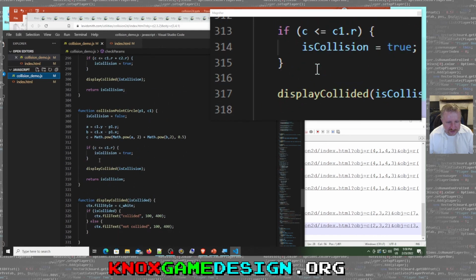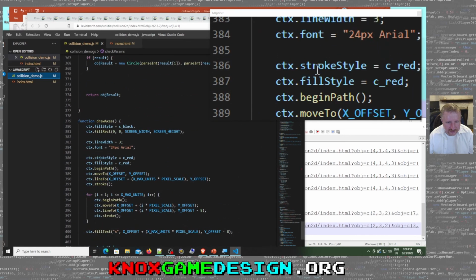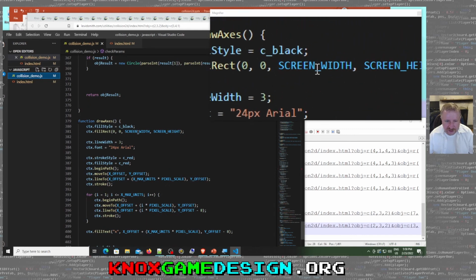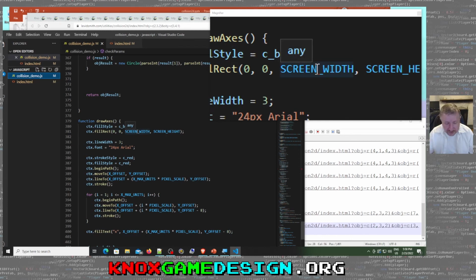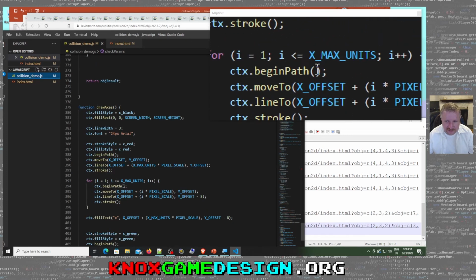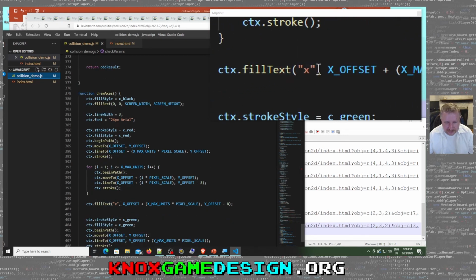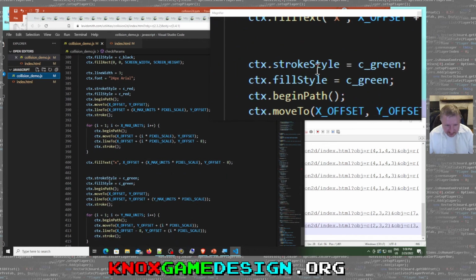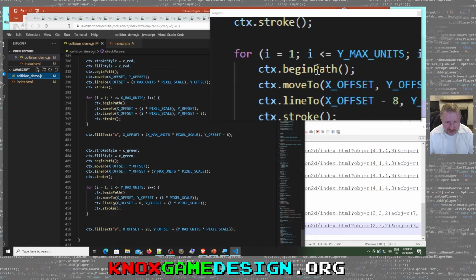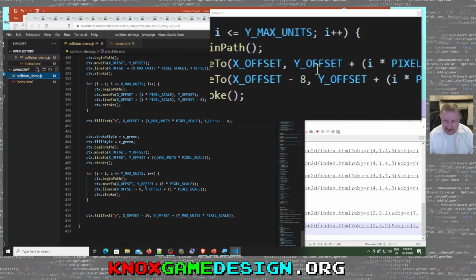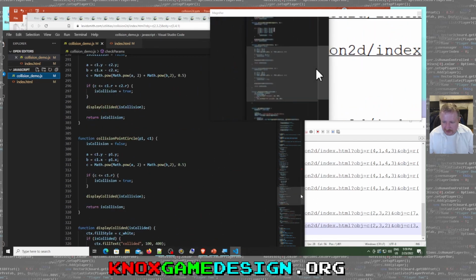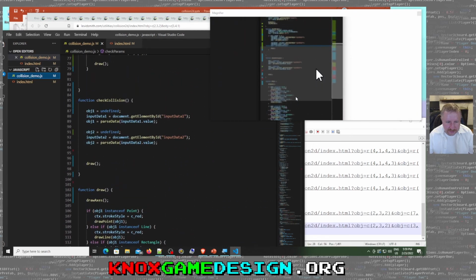Draw axis just basically clears out the screen or the canvas, and then draws a red line for the x axis, and then puts the little ticks for the units, then draws an X. Then it draws a green axis for the y-axis, and then draws the ticks, and then draws a Y at the bottom. Nothing special going on there.